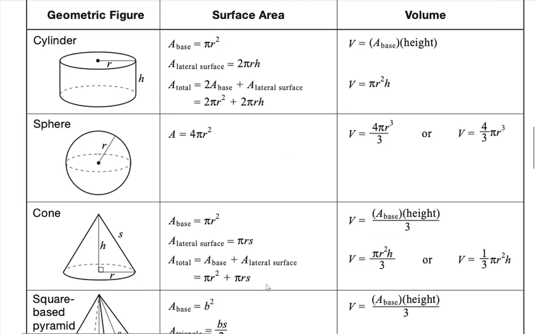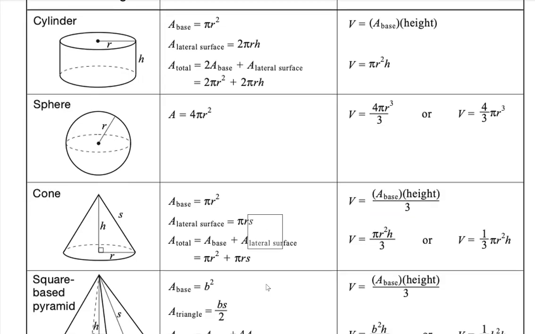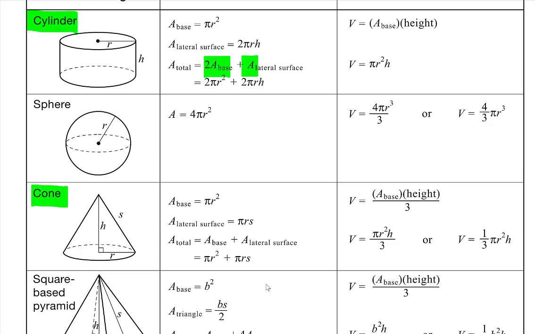So if we go to our formula sheet, we see we have our cylinder here and our cone here. Notice we're looking for surface area. So for a cylinder, it's the surface area of the base plus the lateral surface.